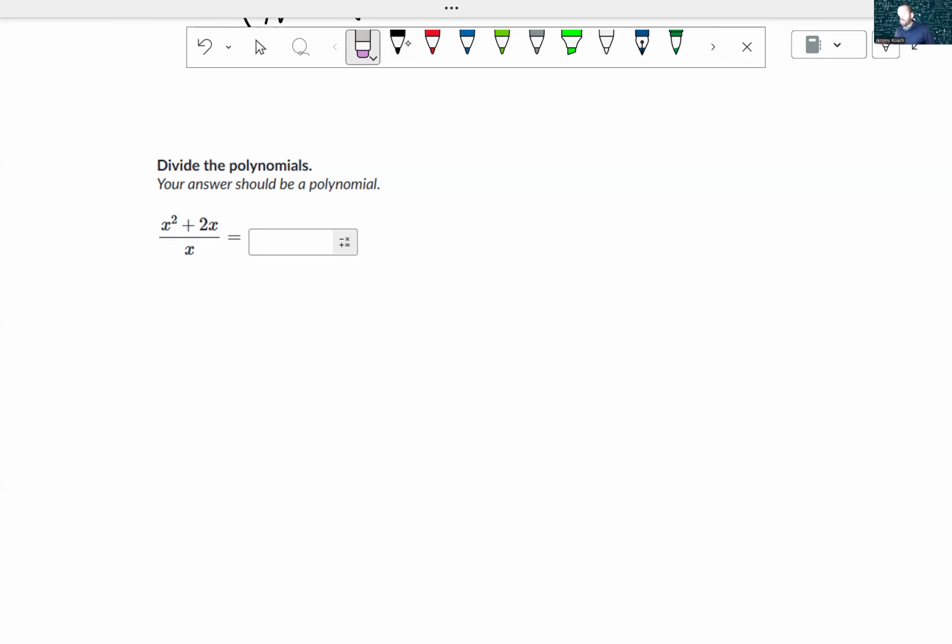An easier way to think about it is we can factor the top. If we factor out the greatest common factor from the numerator, x is the greatest common factor, times x plus 2 left over. The division by x stays the same.